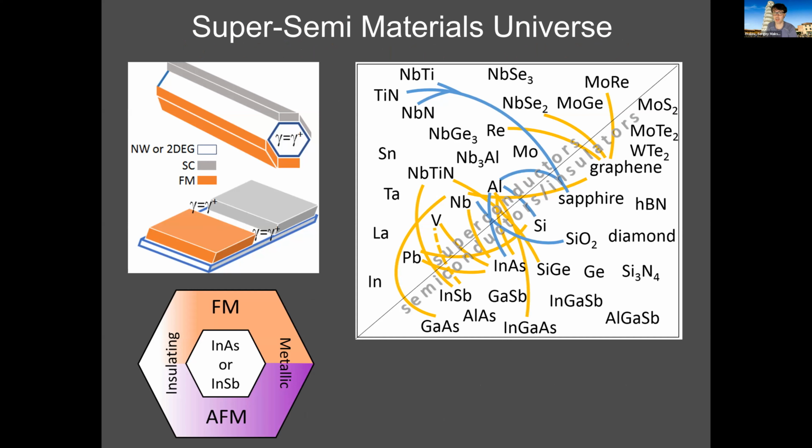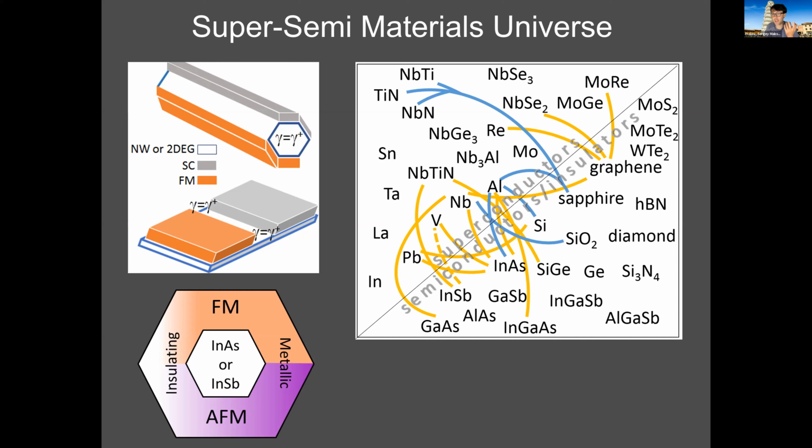So this plot shows a kind of universe in the super-semi space. On the bottom you have semiconductors, on top you have superconductors, and the lines are various things that were tried, and the diagram is somewhat old. Probably some lines have to be added.